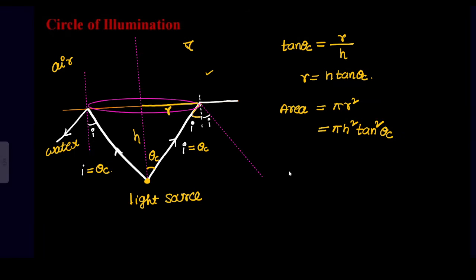And this theta c is called the semi-vertex angle. The vertex angle means the total angle, that means 2 theta c, which is equal to how much now? 2 into theta c. Okay.